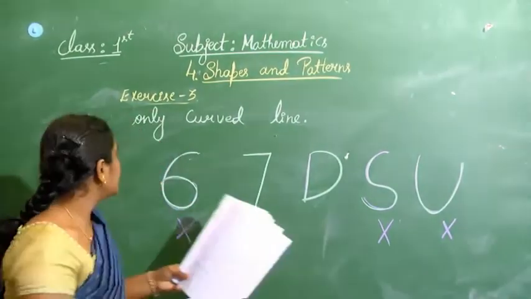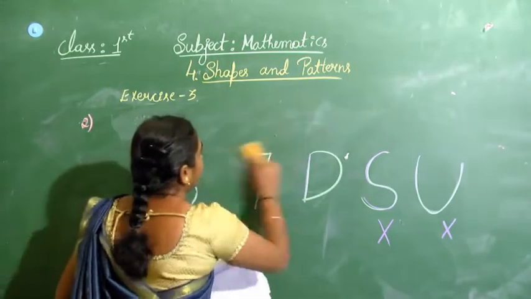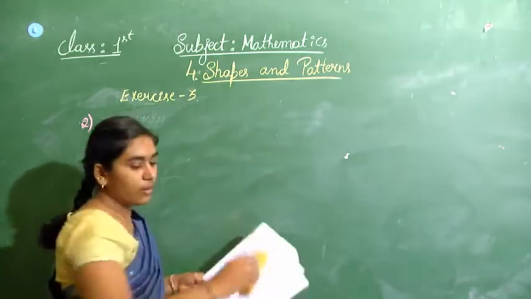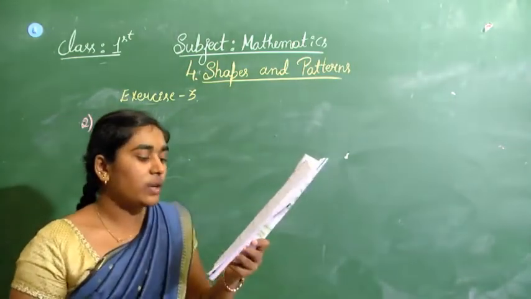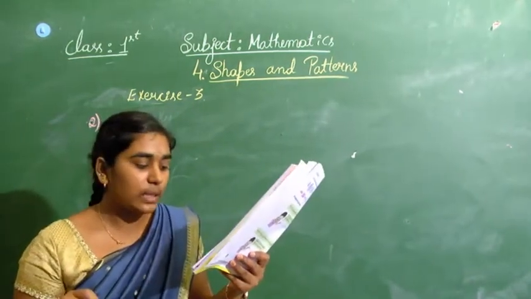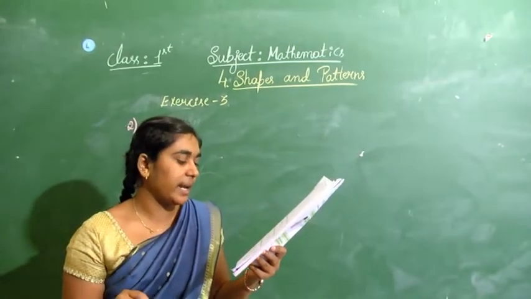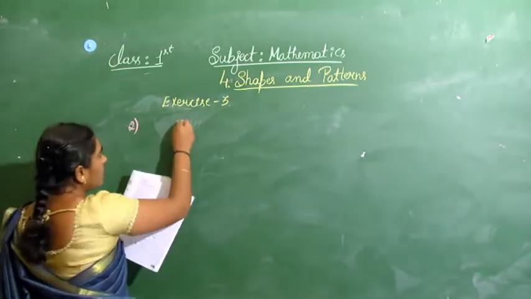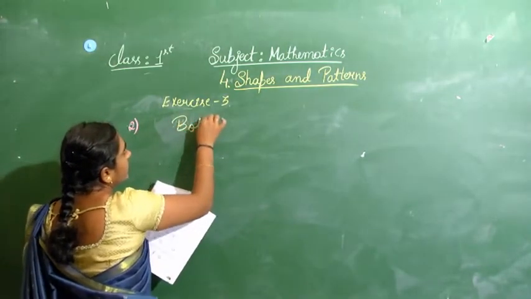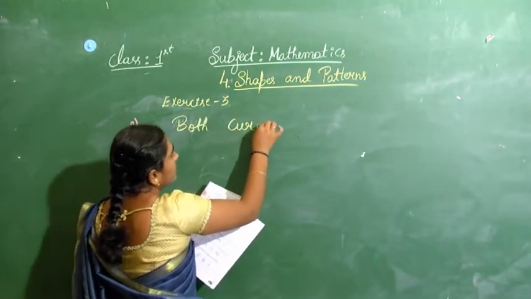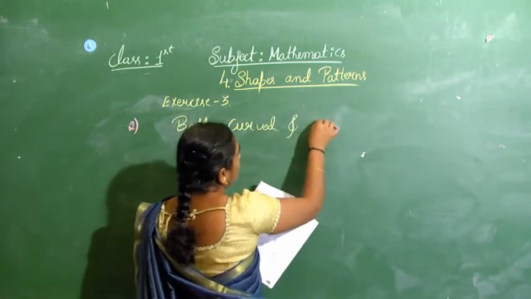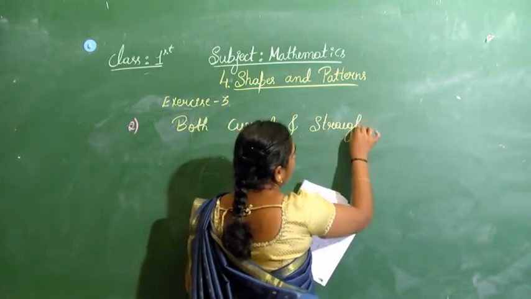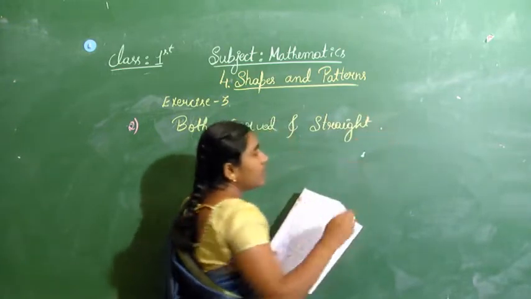Then the third means C. What they are asking? Which of these are made up of both curved and straight lines? Draw a circle around them. Both curved and straight. We need to draw a circle around them.